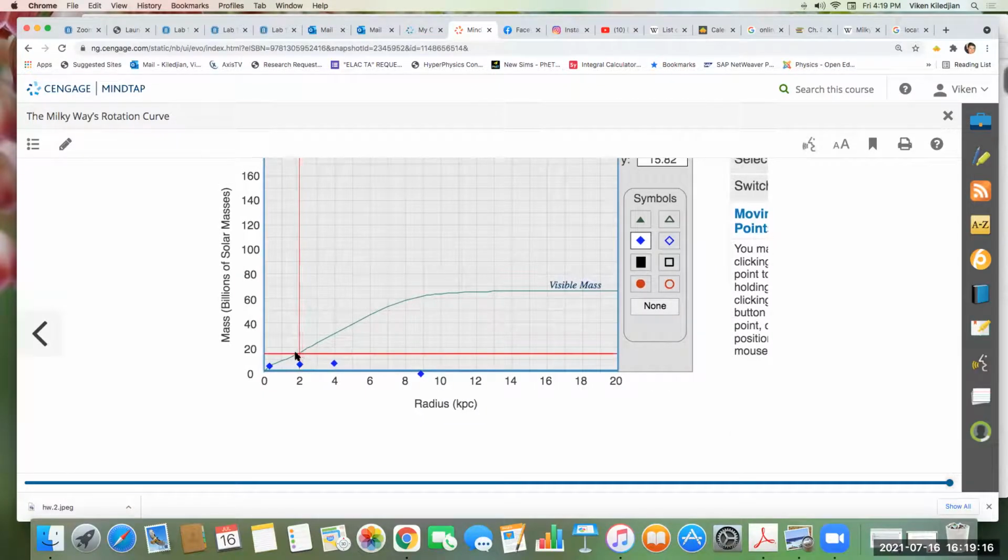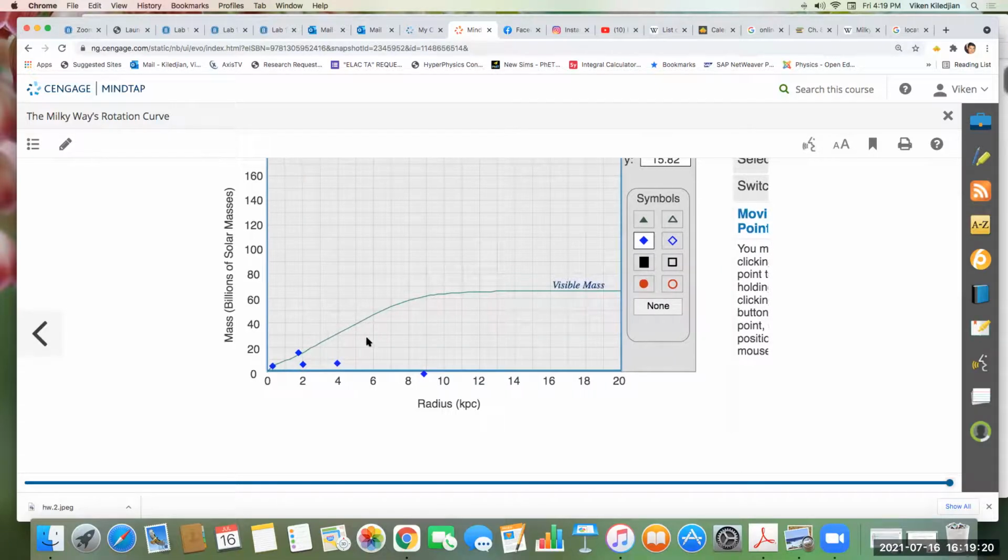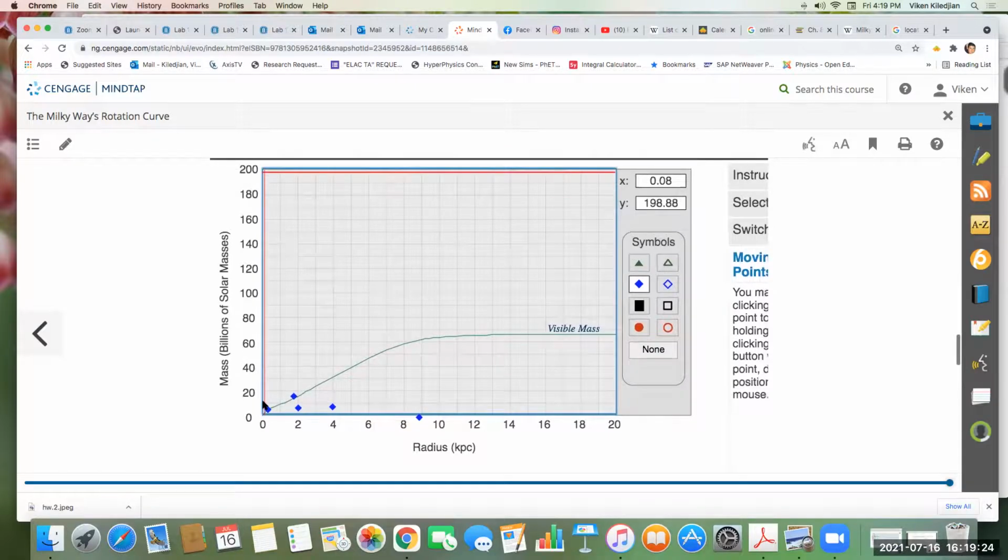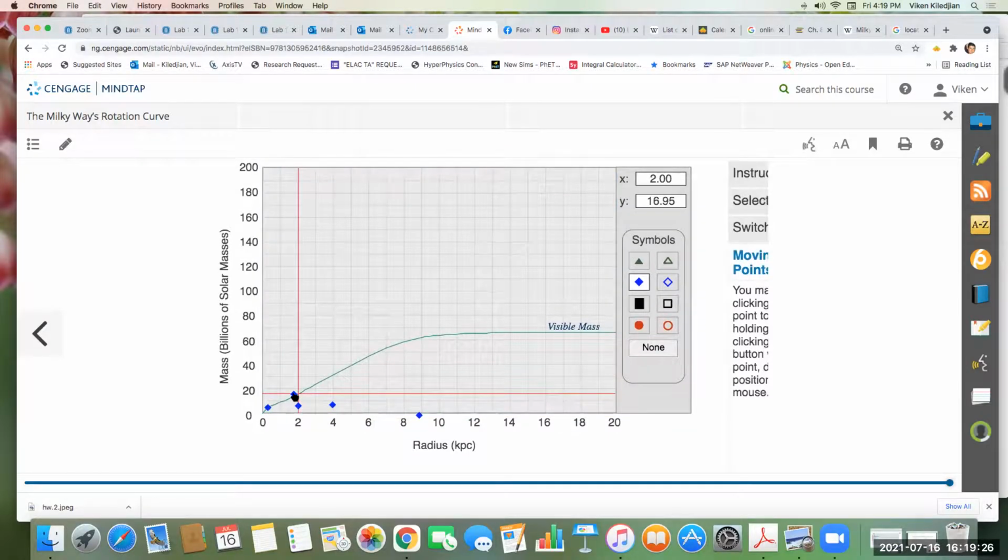Oh no, they have a typo. The visible matter is not 1.51 at 2. It's actually more. It's 16.95. Or I mean, based on their graph here, at 2, the visible matter is 16.38.